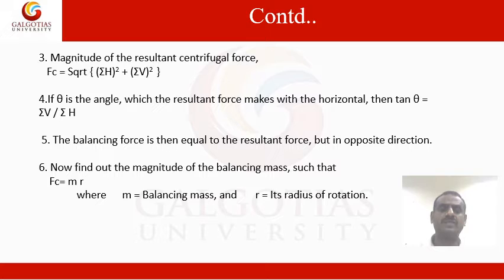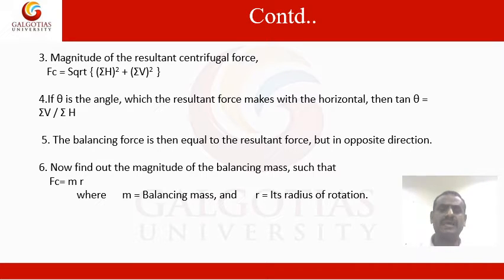After finding out the sum of horizontal components of forces and the sum of vertical components of forces, the magnitude of the resultant force is calculated by using the formula Fc equal to square root of sigma H square plus sigma V square. This is the formula for calculating the magnitude of the resultant centrifugal force.